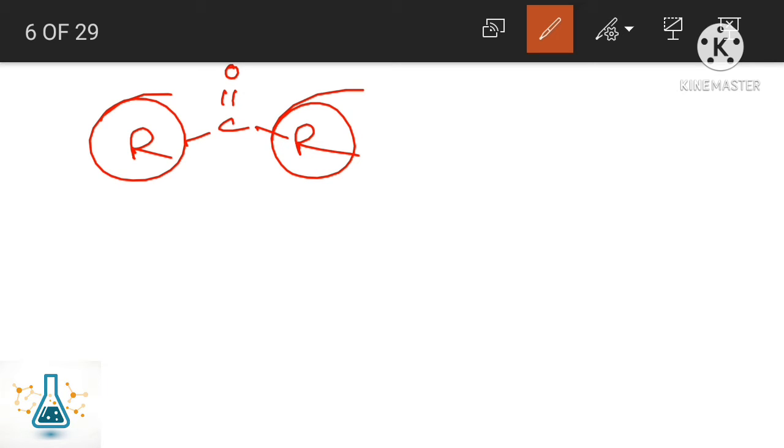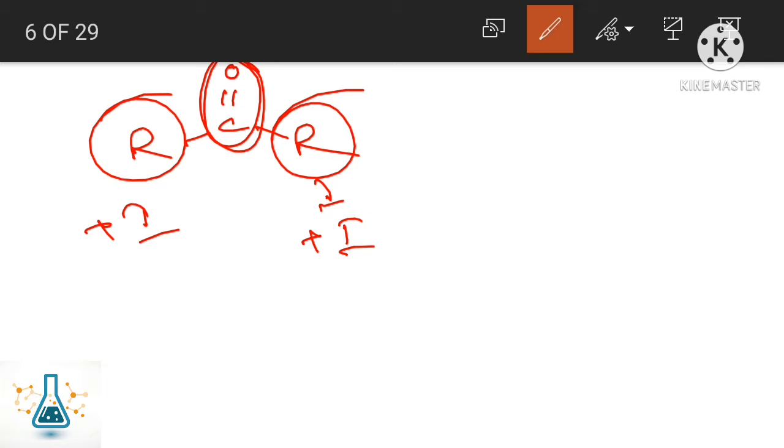The carbonyl carbon of ketone is less electrophilic because of the plus I effect of this R group. This R group has plus I effect. So due to the plus I effect, the carbonyl carbon of ketone is less electrophilic.